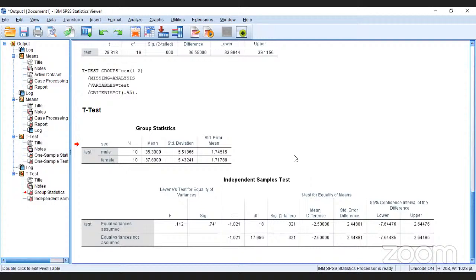Okay, and there you will find the t-test. Sir, it is showing the independent sample test. Yes, see above, it is written Levene's test for equality of variance. What does it show for equality of variance? Whether it is equal or unequal. Null hypothesis accepted or rejected. Is it above 0.05 or below 0.05? If it is below 0.05, the null hypothesis will not be accepted, and if it is above 0.05, the null hypothesis will be accepted. Here it is seen that there is no difference between these two groups.